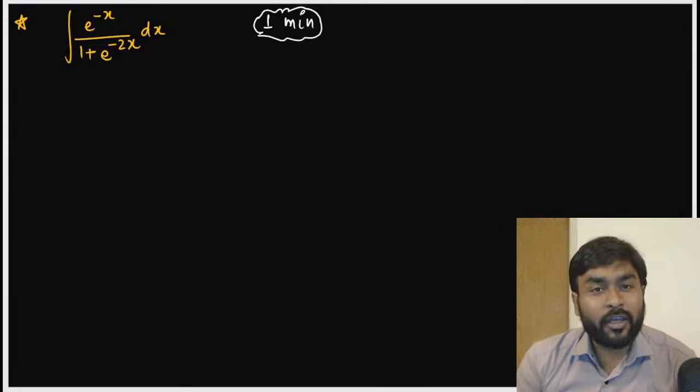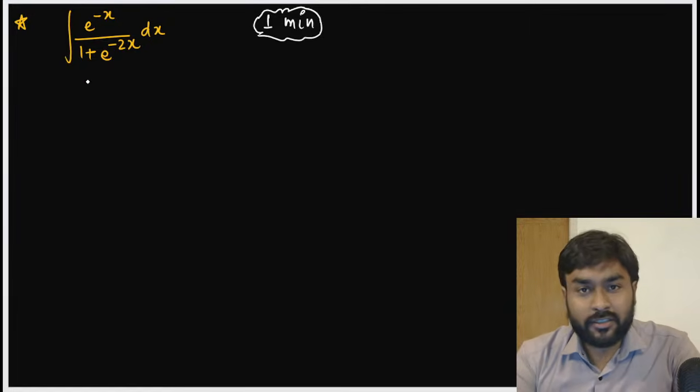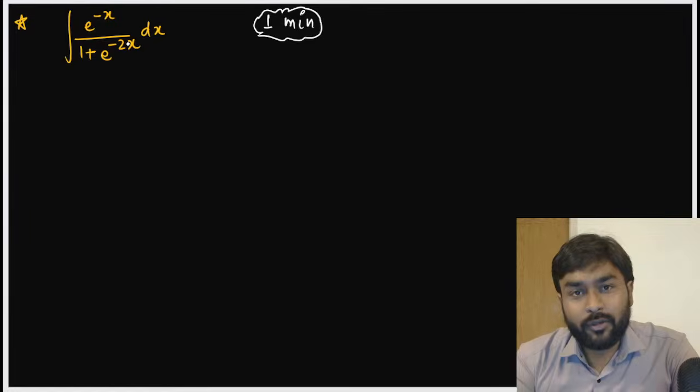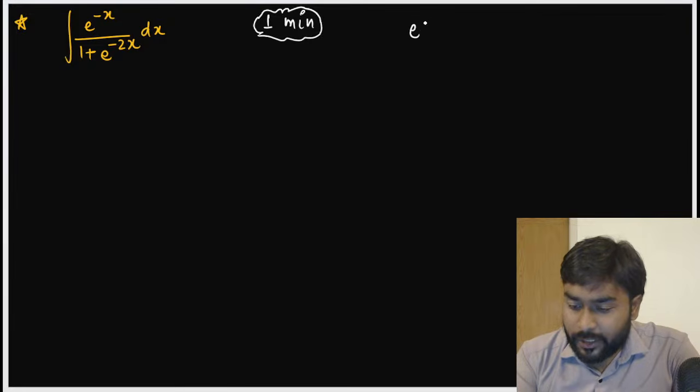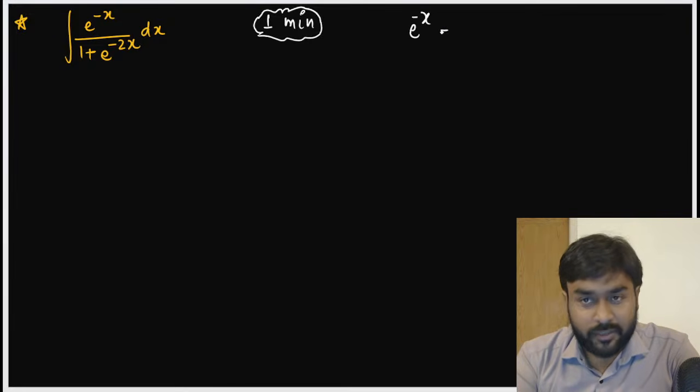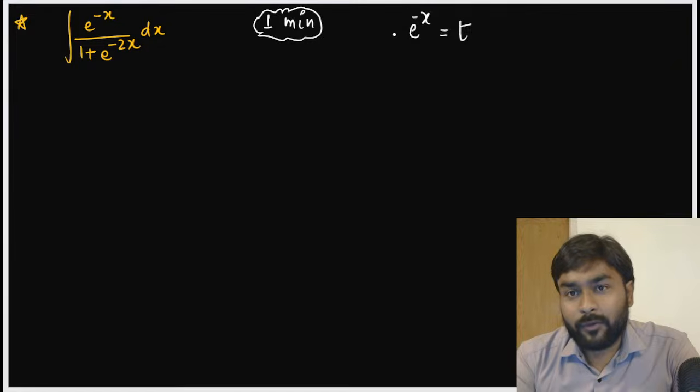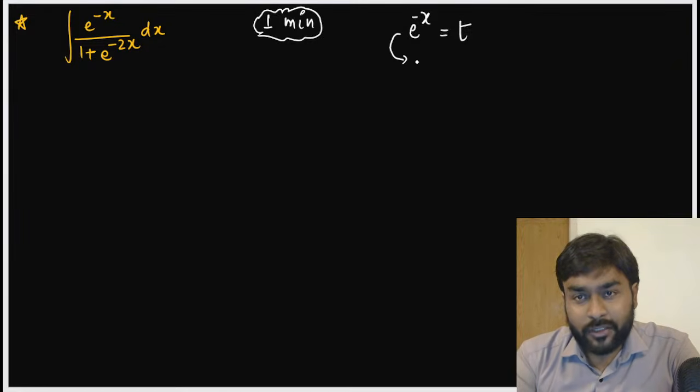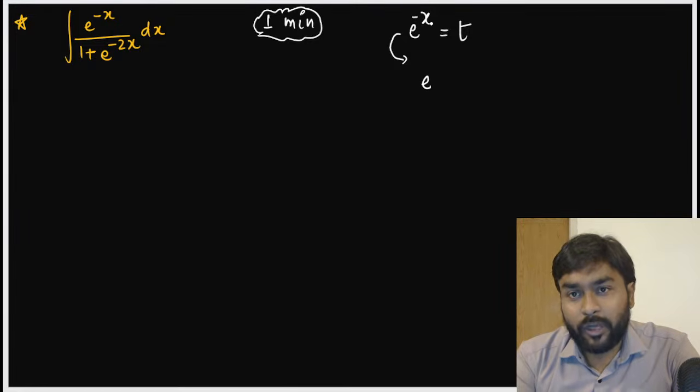Okay, e power minus 2x we can take as t. So what will be my suggestion? We can take e power minus x as t. What will happen? We will differentiate this. First the differentiation of e power x is e power x, but here we have minus x, so we have to apply the chain rule.